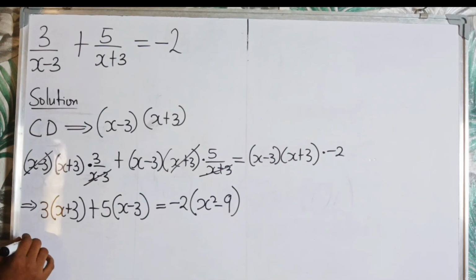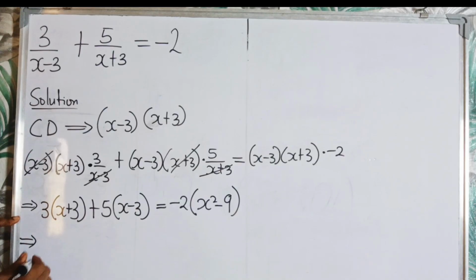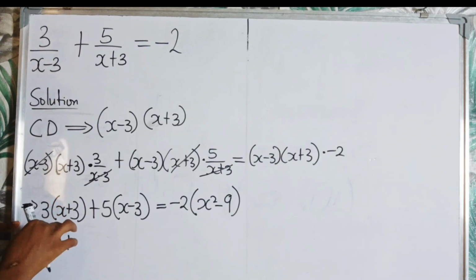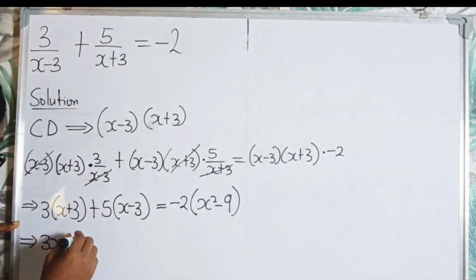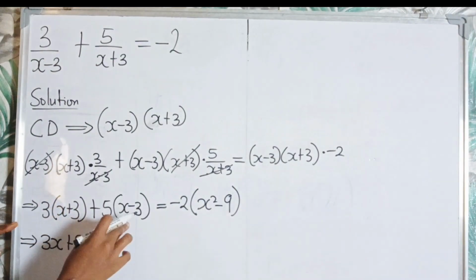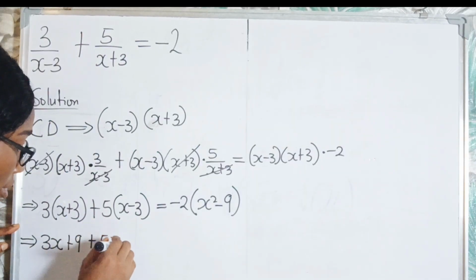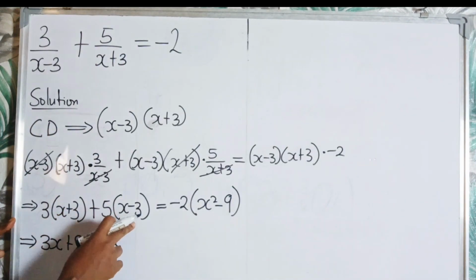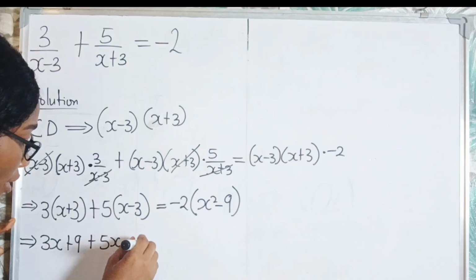So here we're going to have 3 times x is 3x, plus 3 times 3 is 9, plus 5 times x is 5x, 5 times minus 3 is minus 15.